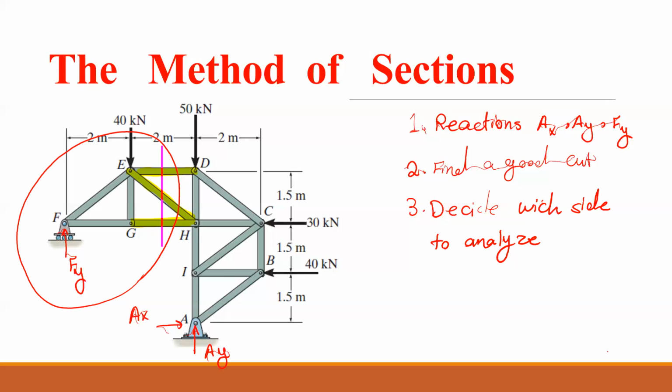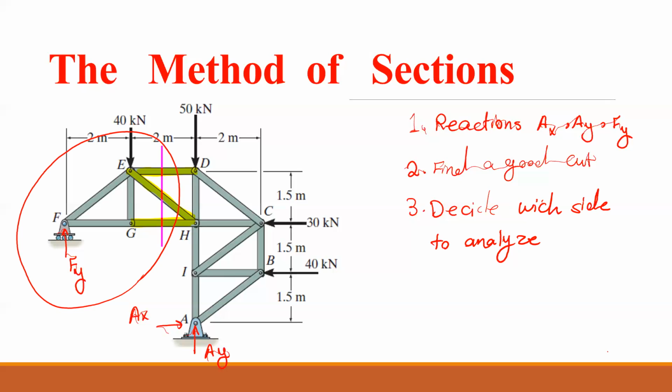What else can we do after we find the best cut and decide which side we want to analyze? We draw the free body diagram of the side we want to analyze. All right.